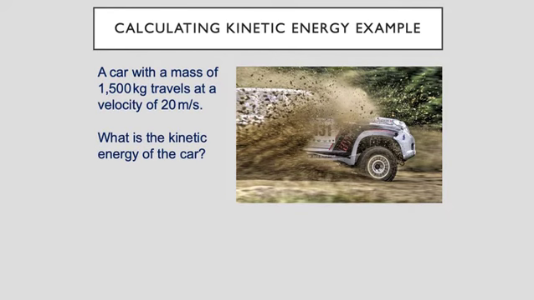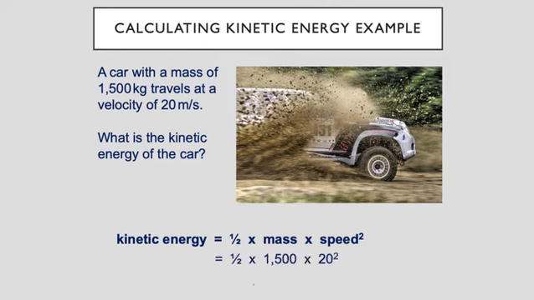You might want to have a go at this. If you do, then pause the video and just have a go. Right, so I'm going to go through it now. I don't know if you had a go at it yourself, but let's have a look. First thing we do is write down our equation. Kinetic energy equals half times mass times speed squared. Next thing we do is put in what we know.